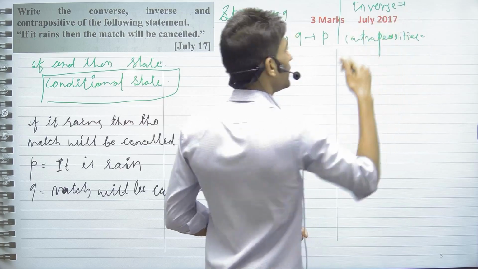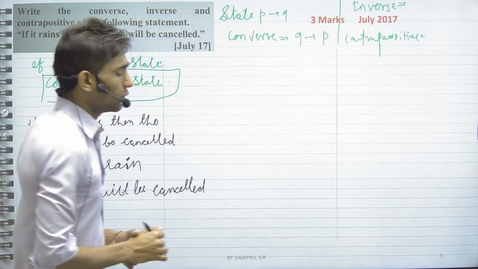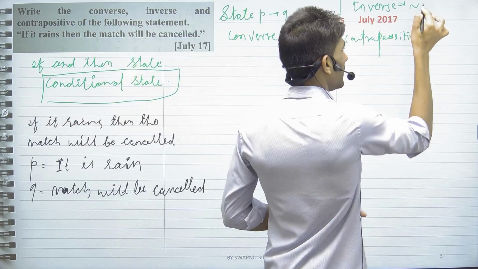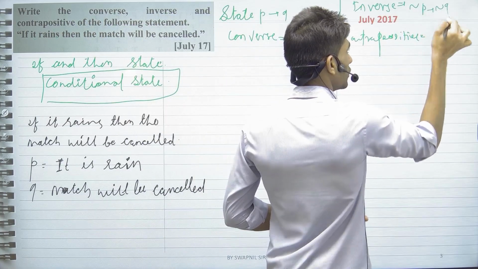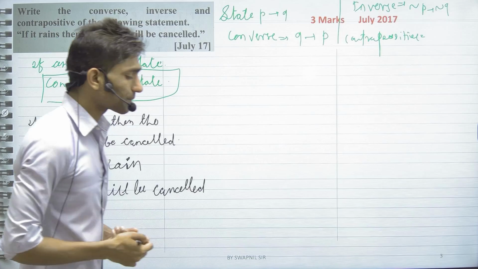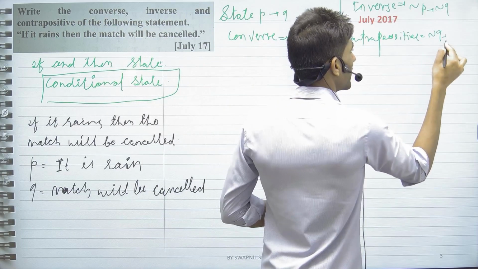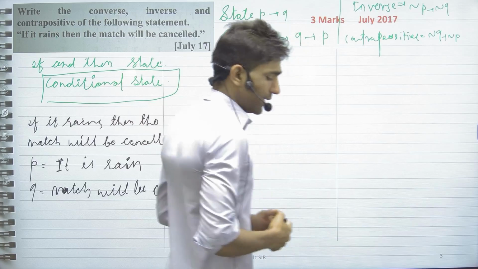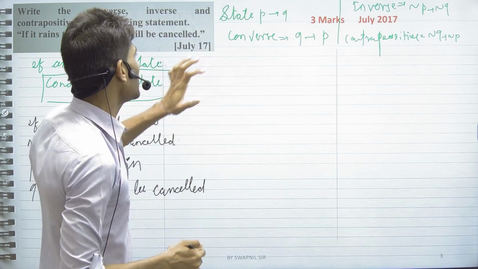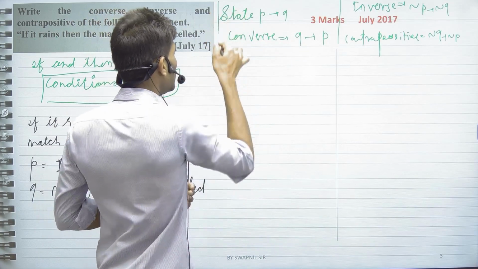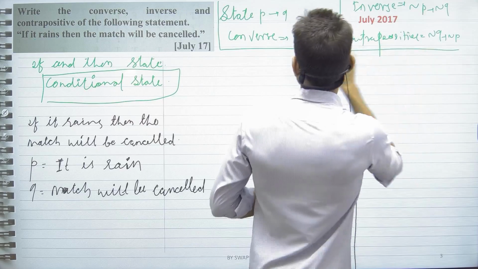The inverse says negation of P implies negation of Q. And the contrapositive says negation of Q implies negation of P. These are the four statements that we need to remember here for solving the example.